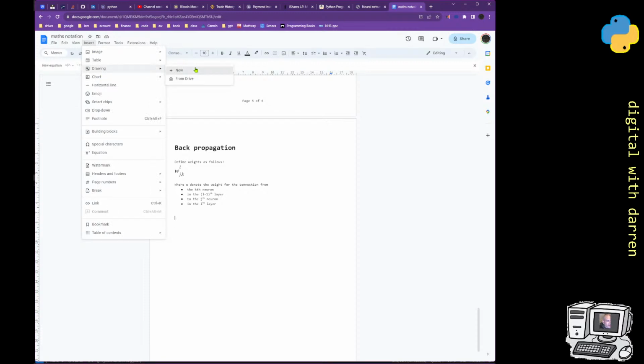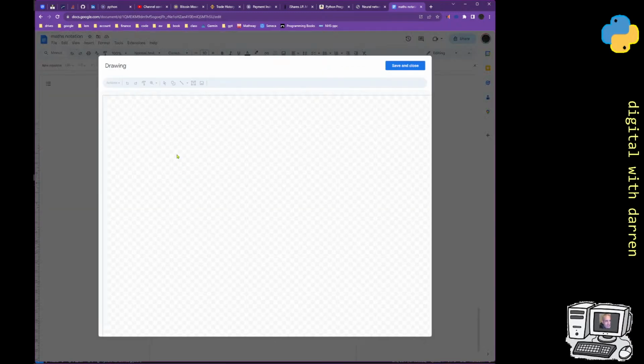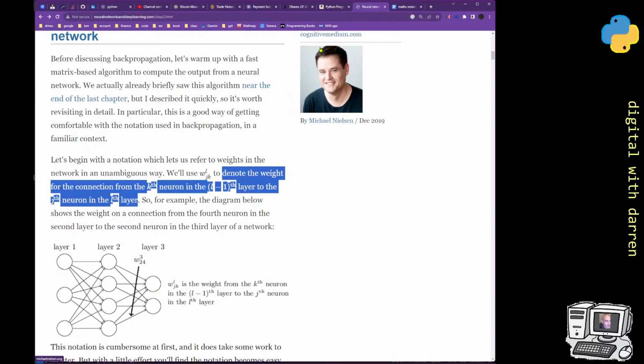So just basically a new drawing over here. And what we're going to have is a bunch of neurons. So there we go. The advantage of this is, if I've done it properly, let's just control page back there.